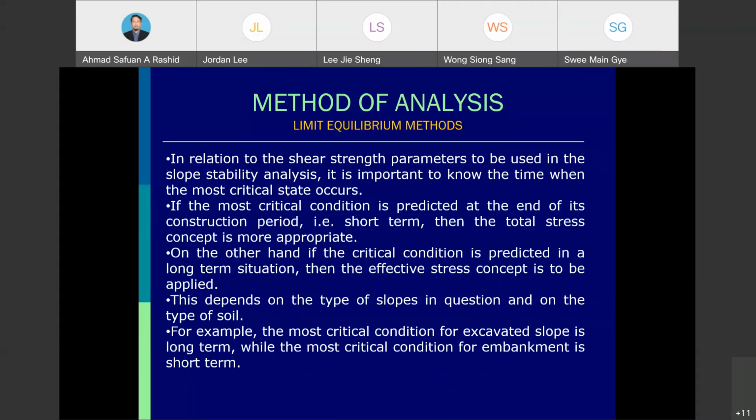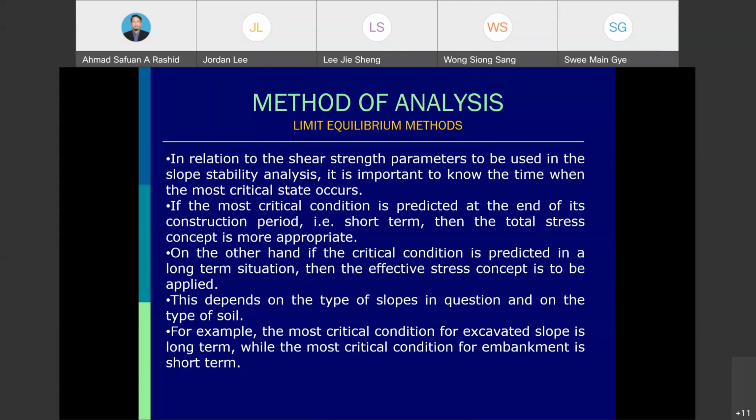For the long term, it is related to how long the structure will be used. For example, if the road is designed for 50 years, we consider that it can sustain 50 years without any failure.